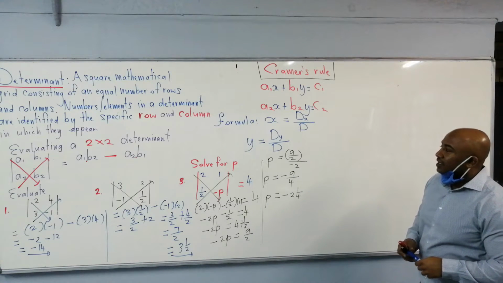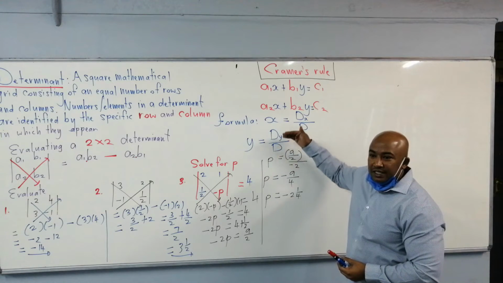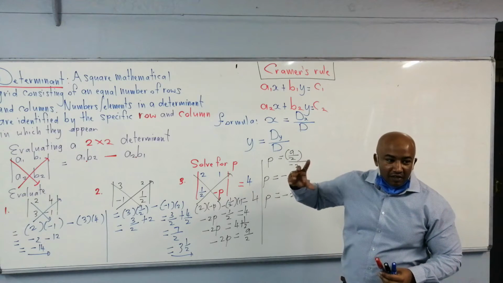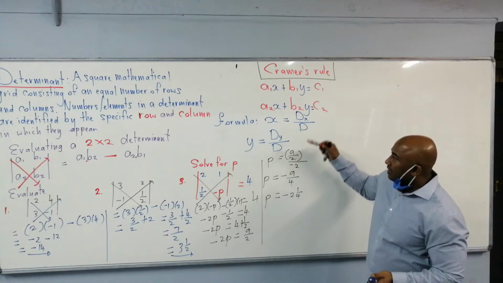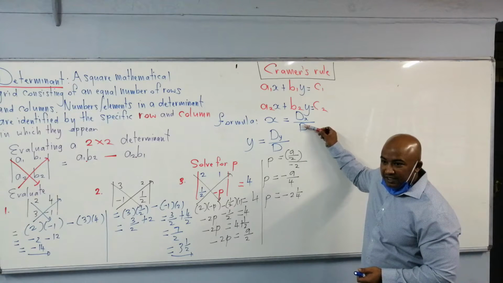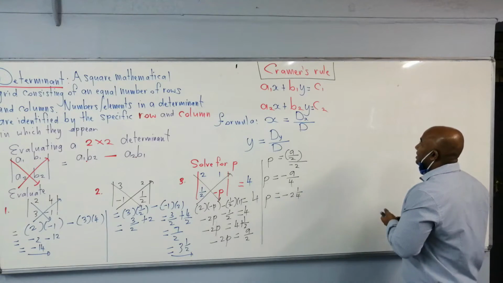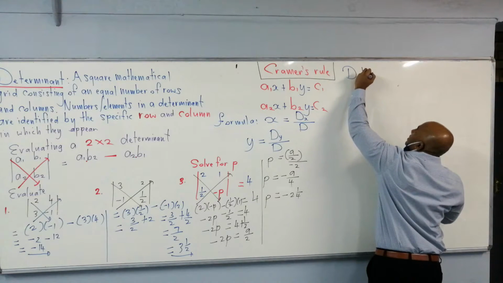Okay, so now we're going to work out our dx, our dy, and our d, substitute, and then work out our final answer. Right, so what is common here is the denominator d. Can you see that? So what is d? So d is called the determinant of coefficients.